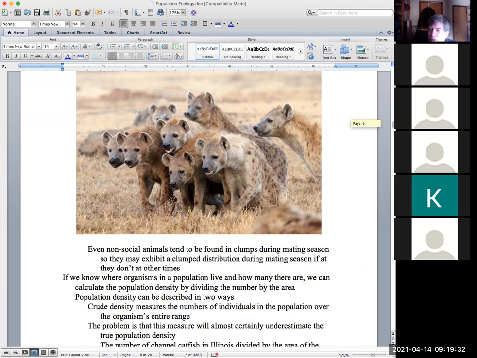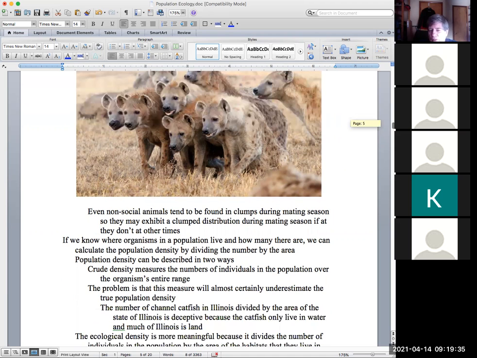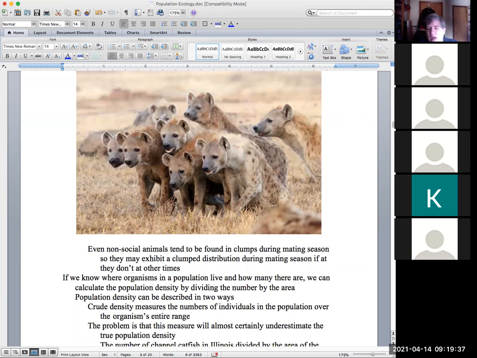When we look at living organisms, and if we just measure how many, say, hyenas we have, one of the things we can do is calculate the population density. And the population density is calculated just by dividing the number of hyenas or zebras or flamingos or whatever we're studying by the area that they live in.